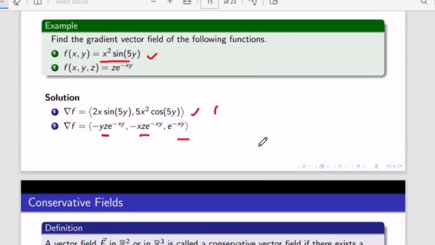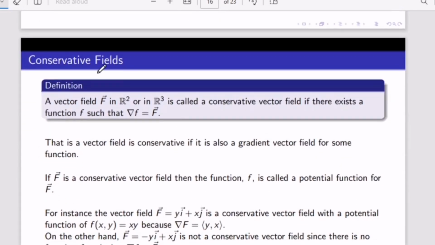So let's go to a concept which is called a conservative field. When you talk about a conservative field, what does it mean? A vector field in R^2, which is 2D, meaning it has two variables, or in R^3, which means it has three variables, is called a conservative vector field if there exists a function such that the gradient vector field is equal to the vector field.